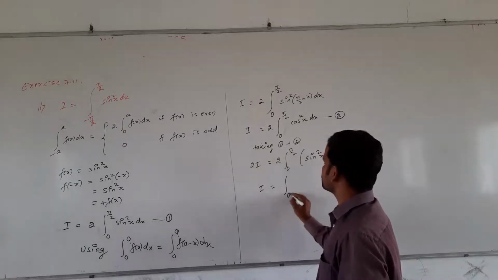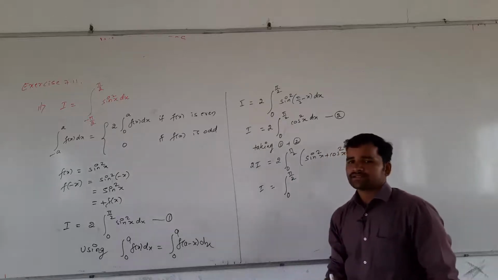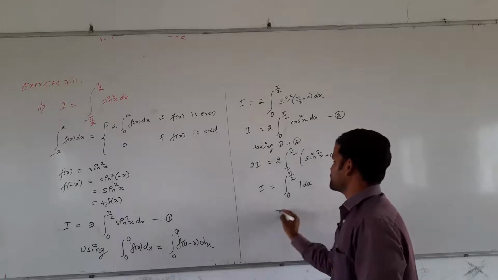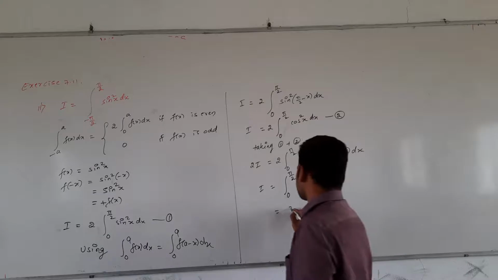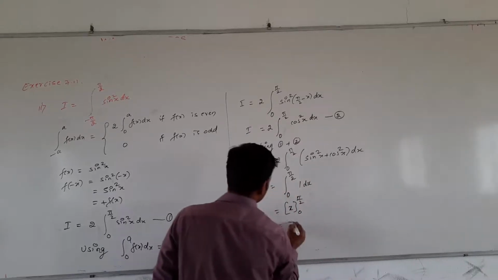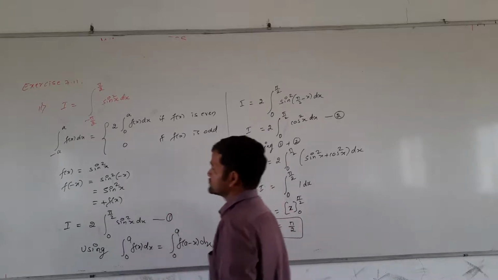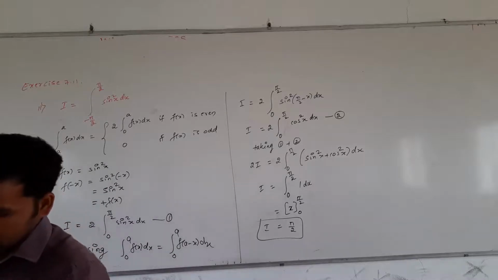I is equal to integrating from 0 to pi by 2 sin square x plus cos square x, using the formula, it is 1 into dx. Integration of 1 with respect to x is x from 0 to pi by 2. So pi by 2 minus 0, answer is pi by 2. This is about question number 11.